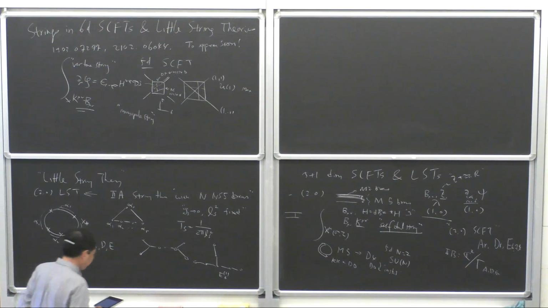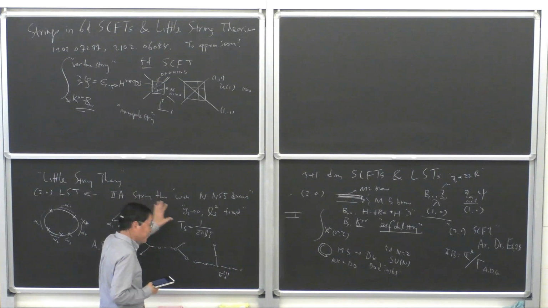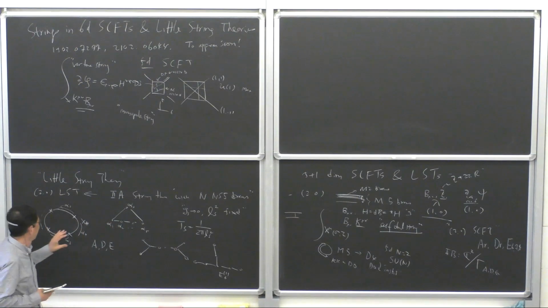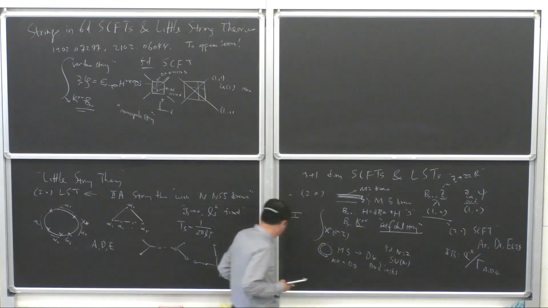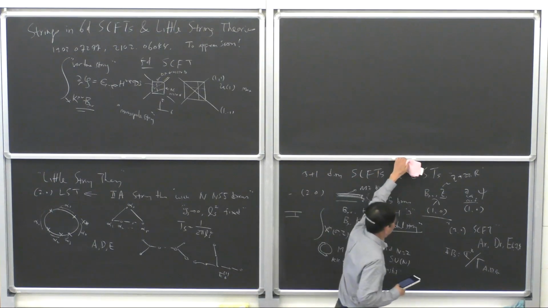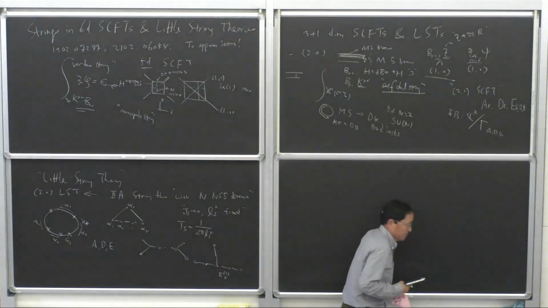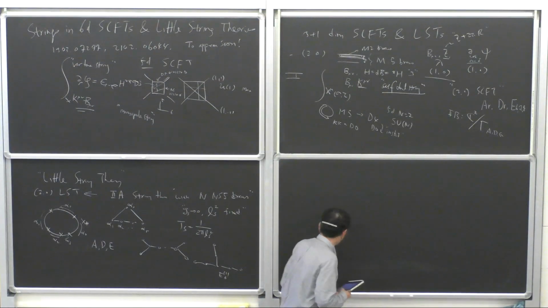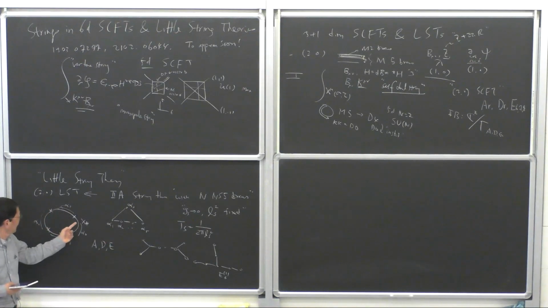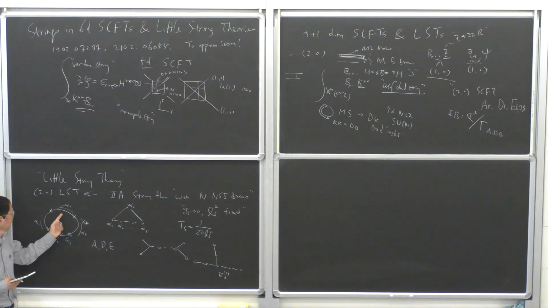Now, we'll be interested in the self-dual strings, which form a little string. So the little string is the one where the fundamental string, which means fundamental strings wrapping the M circle once, means it's made of the self-dual string.